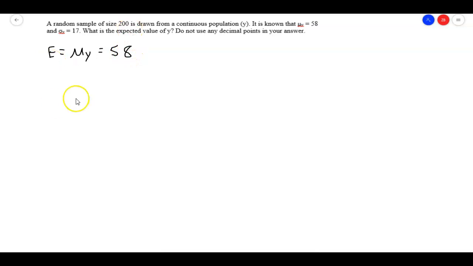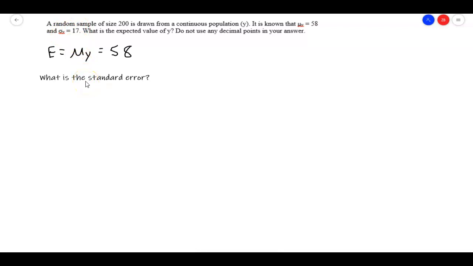All right, now what is the standard error? To find the standard error, we are going to take the standard deviation of all of the sample means, which is 17, and then divide that by the square root of our sample size.